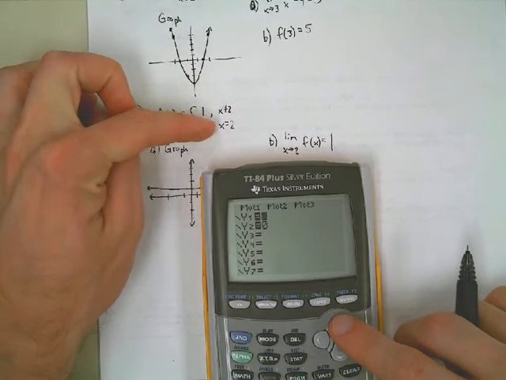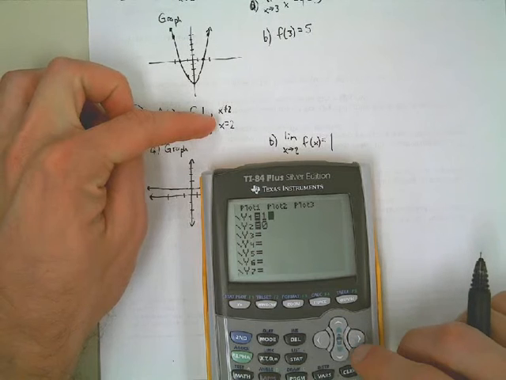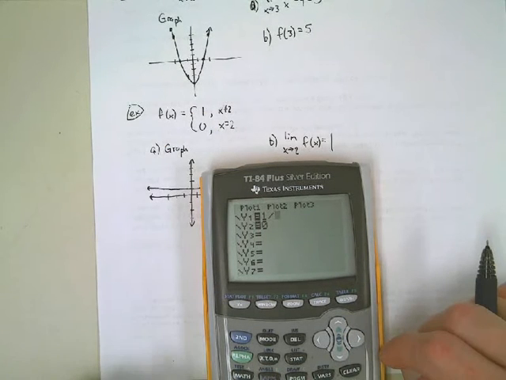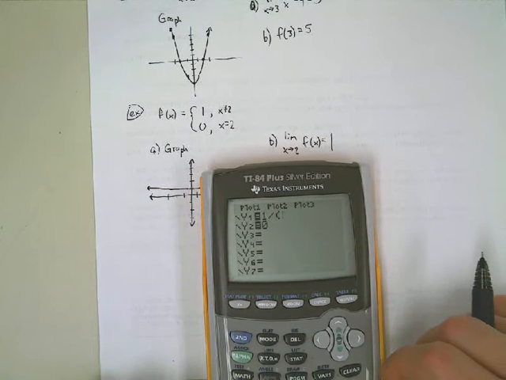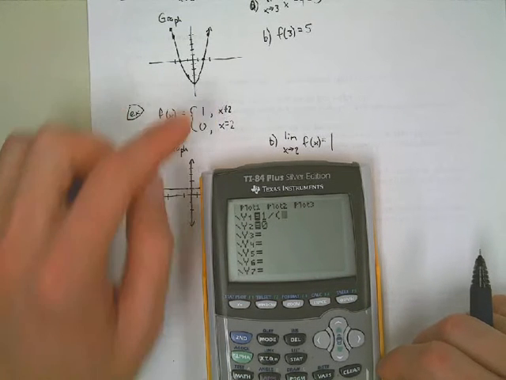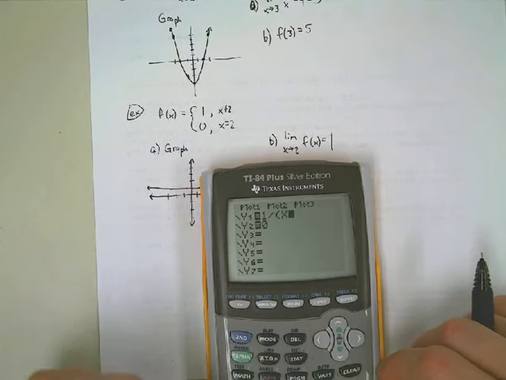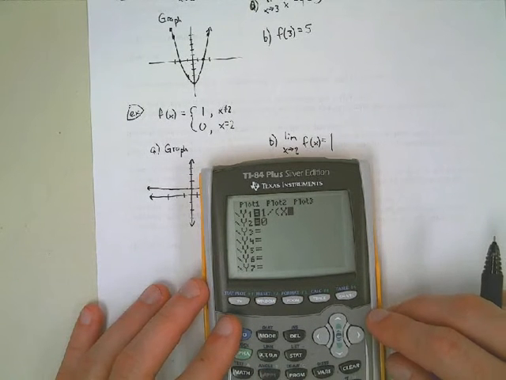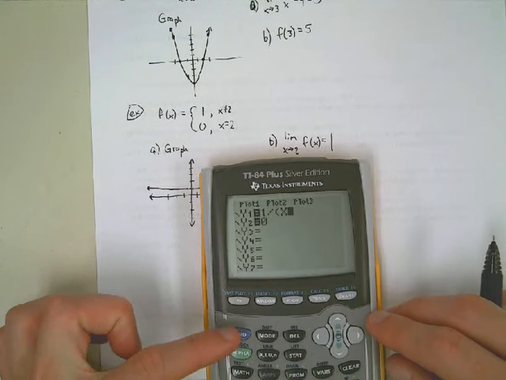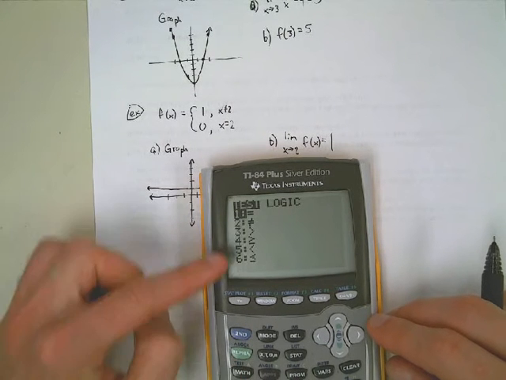So how do we do those? Well, you have to divide, then parentheses, and that is where we type in our argument. So we want to say divided by x. Now we need the not equal symbol, which actually is a symbol. If you press second math, it takes you to the test menu, and there's the not equals symbol.